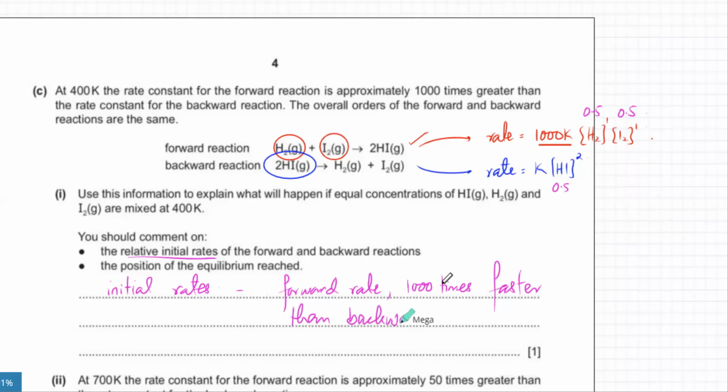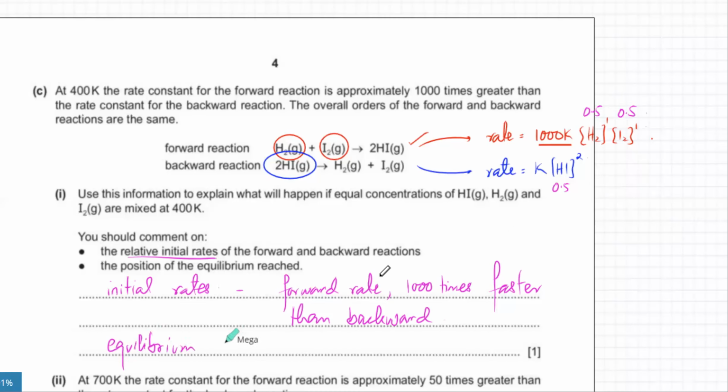As a next thing, where would the equilibrium shift now? The position of the equilibrium reached, is it shifting forward or backward? I mean, the forward is faster, right? So it shifts to the right. Equilibrium is favoring the product. It's shifting to the forward reaction.